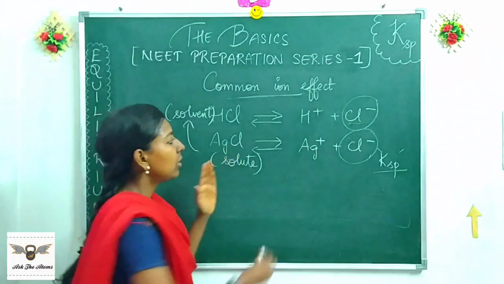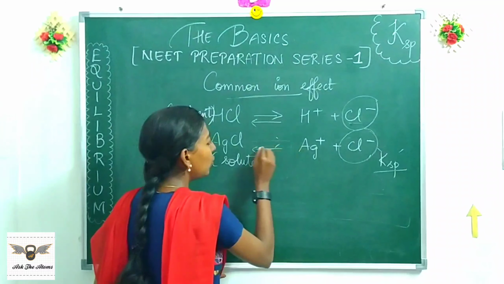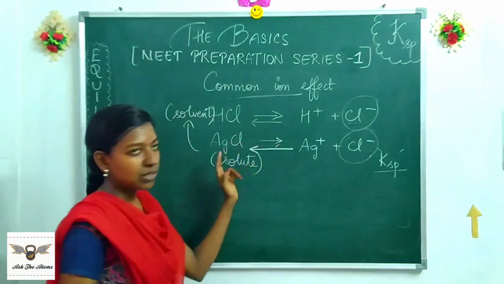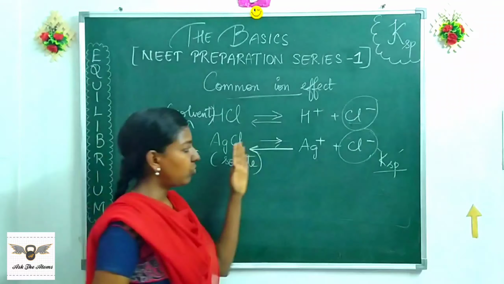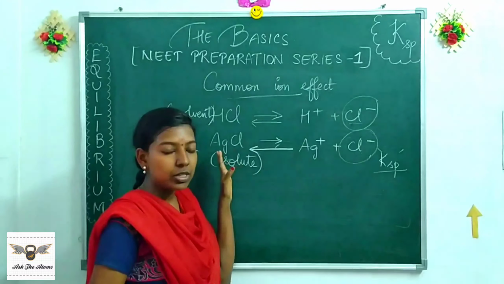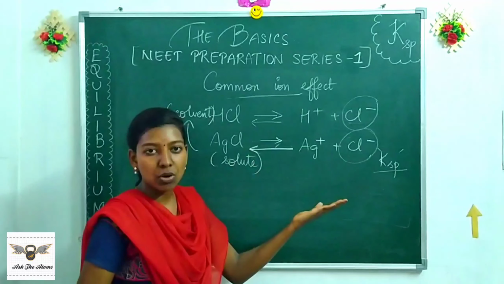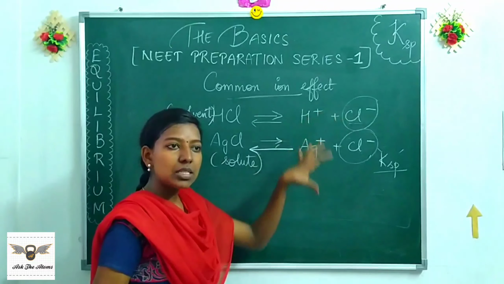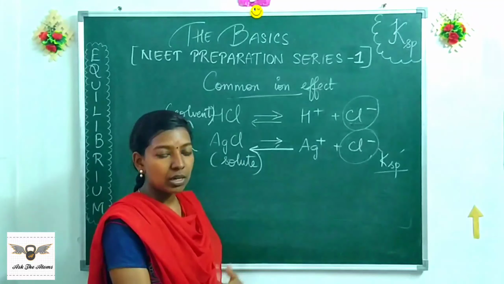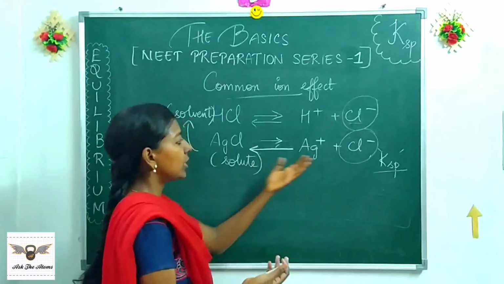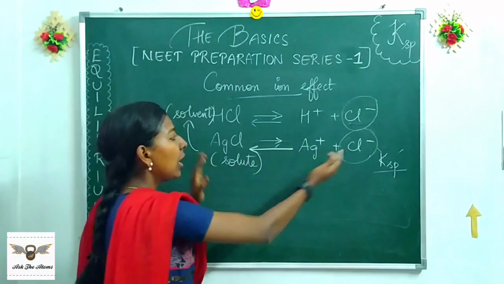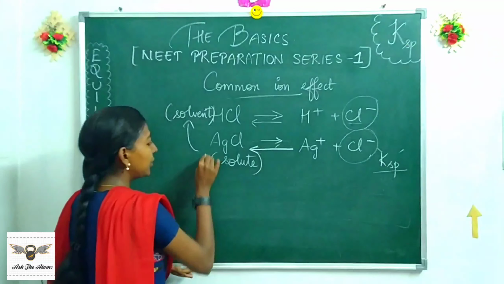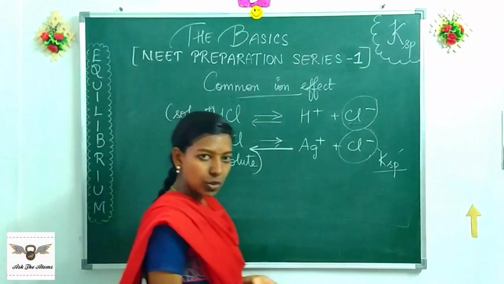That means the reactant formation is more pronounced, more favored. This is how you have learned the same concept. So here Cl minus concentration is high, similar to adding an additional amount of Cl minus to my solution. That will result in the backward or reverse reaction, because of which there is more precipitation of AgCl.